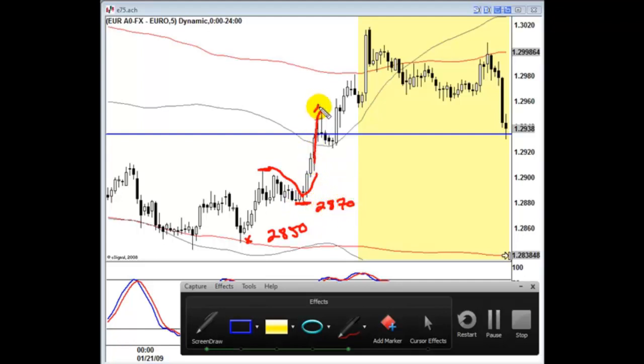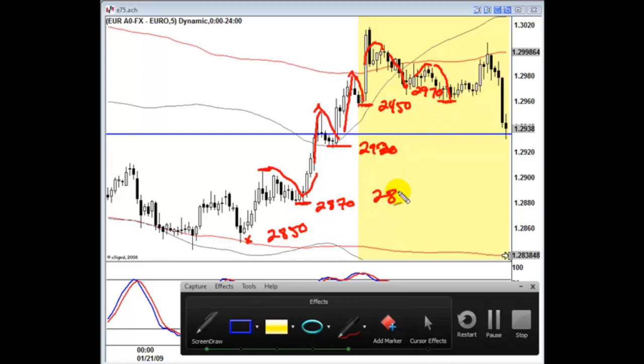Moved all the way up there, a little retracement down to 29.20, and move up again, a little retracement down to 29.50, and move up again, a little retracement back down to 29.70, and a move up, and then eventually get taken out.